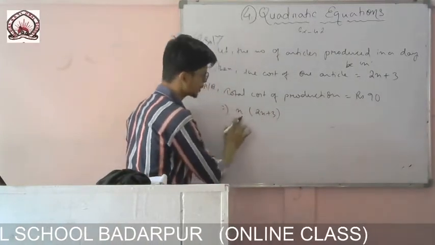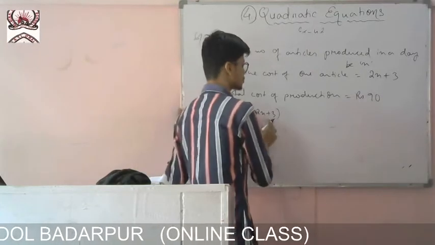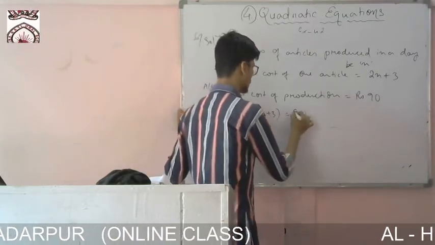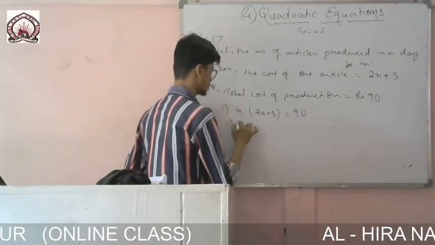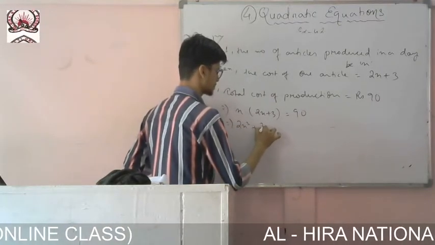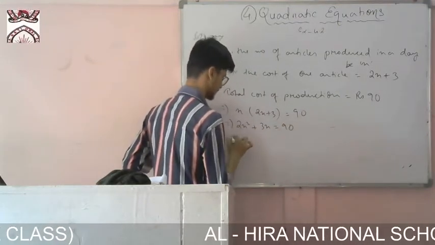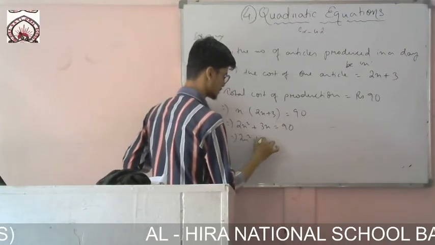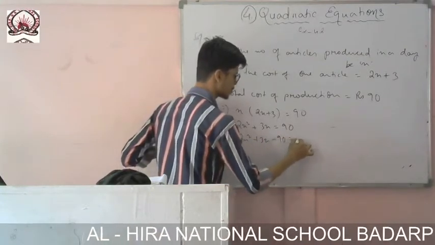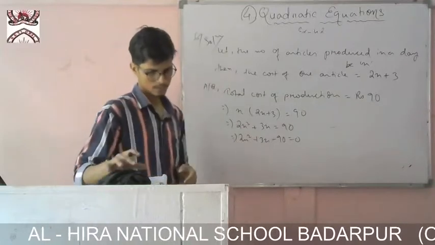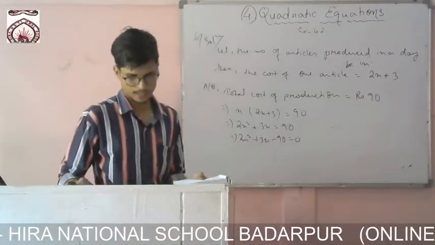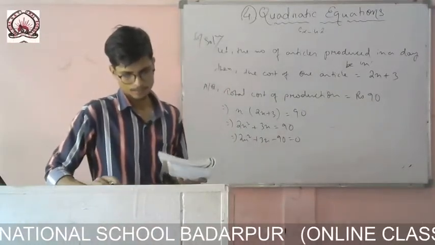So it will be 2x square plus 3x equals 90. 2x square plus 3x minus 90 equals 0. This is the equation.